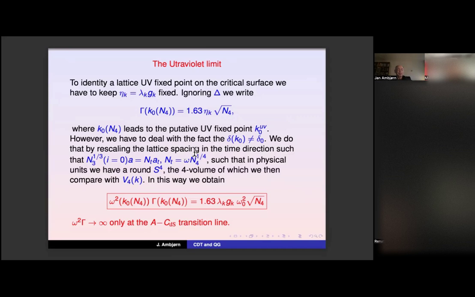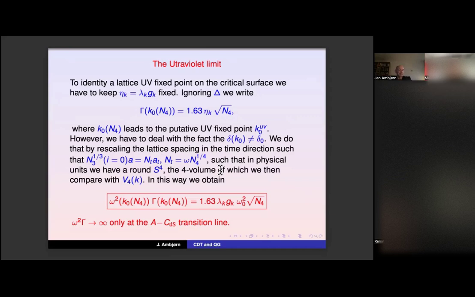we can rescale the lattice spacing in the time direction such that the size of the lattice, nt, the number of steps in this block, times at is equal to the spatial size, and then we have a round sphere. In principle, we are allowed to do such a rescaling because from the very beginning in our construction, we broke the invariance between space and time explicitly by introducing this time fluctuation.